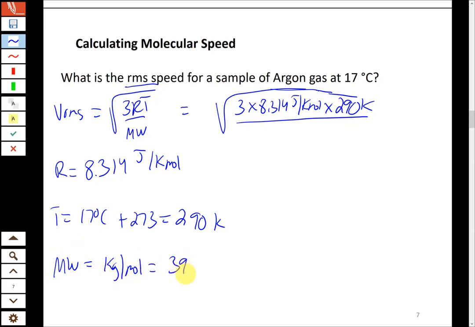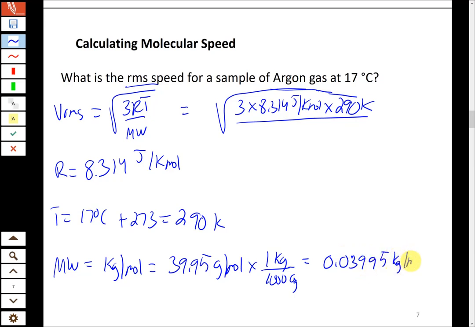So for argon from the periodic table, it's 39.95 grams per mole, but we have to convert that to kilograms to be able to use it in this equation. As I said, we're going to derive a form of this equation that's in relative terms, which we're going to actually use, and that one doesn't involve this unit problem, so we can go back to what we're used to in a little bit. But we have to use kilograms if we're going to actually use this equation. So it's going to be 0.03995 kilograms per mole.